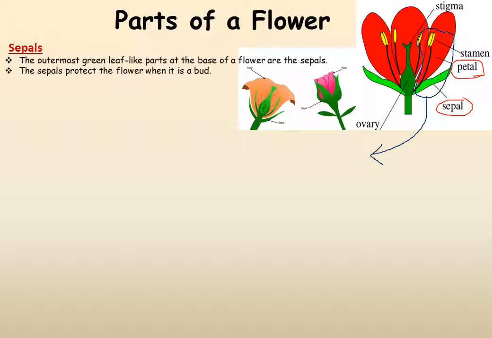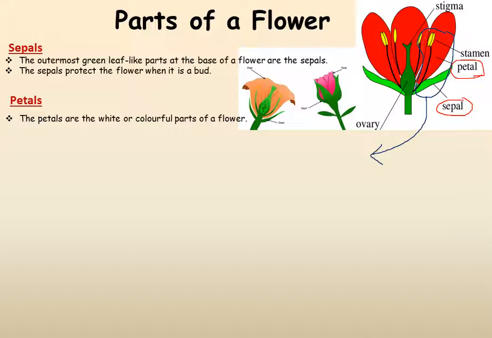You can see a picture on the left, that is the condition of a flower before it becomes a flower, when it is a bud. It is this sepal that protects the flower. That is important. If you are asked what the function of sepal is, you can say the sepals protect the flower when it is a bud.